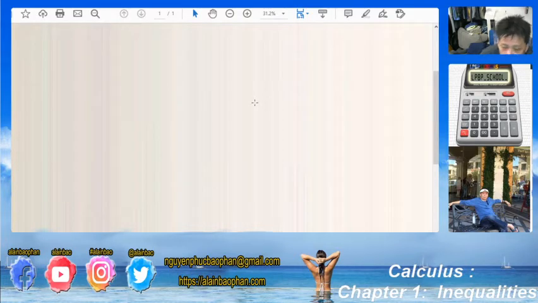If you have x, y and z, then the solution is in 3D. If you have x, y, z and w, then you have 4 dimensions, and if you have n variables, x, y, z, up to n, then you have n dimensions.